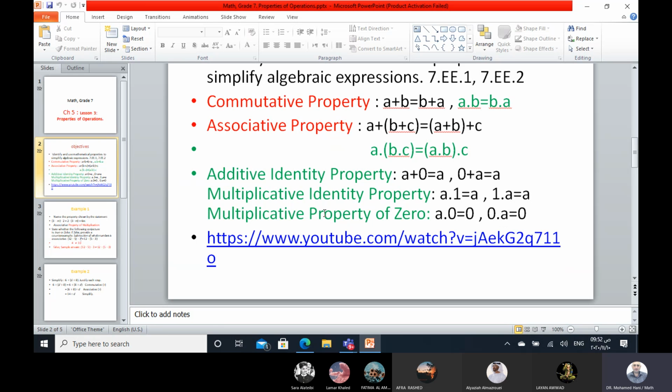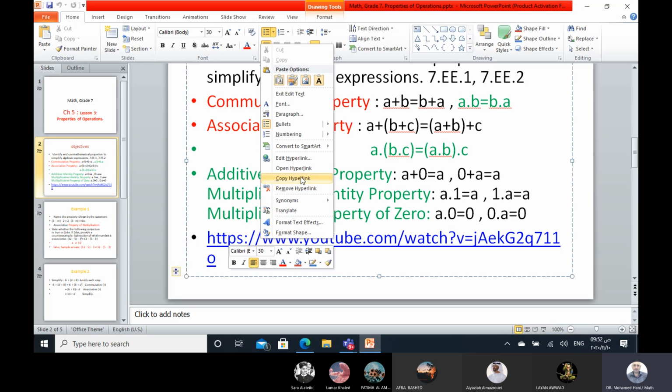So in our lesson today we have 5 properties: commutative, associative, additive identity property, multiplicative identity property, and multiplicative property of 0. Now see with me this video.